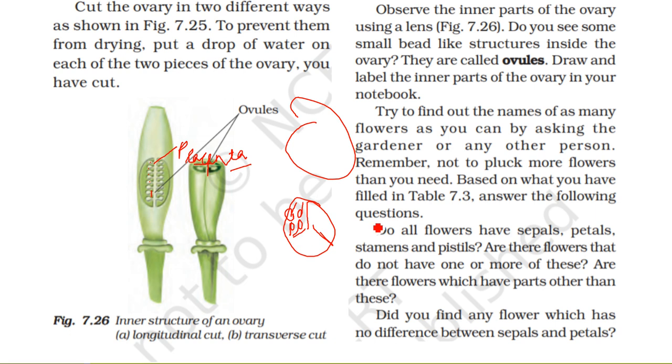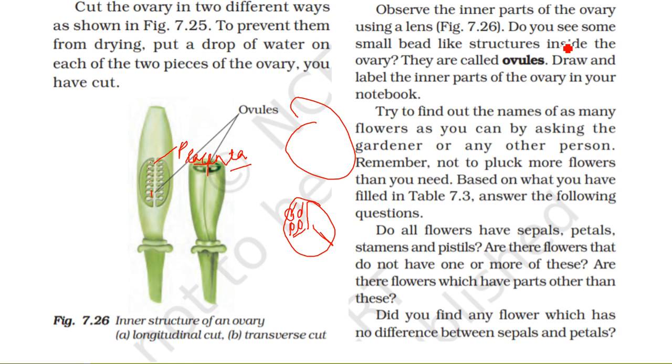So this is nothing but the ovule arrangement in the center of the ovary, because the ovary after fertilization, means once the male and female gamete come together and fuse, the process is called fertilization.